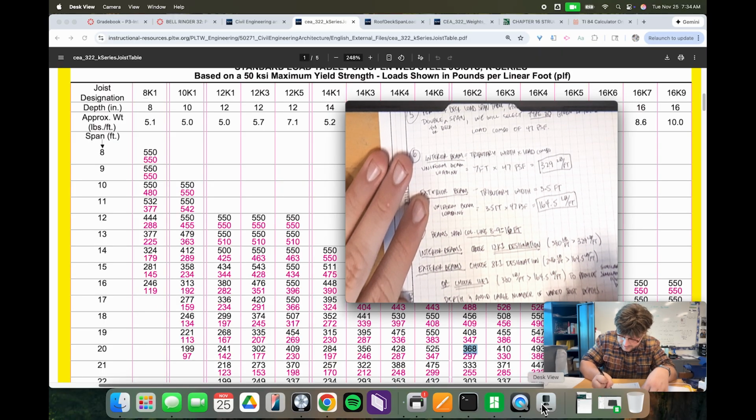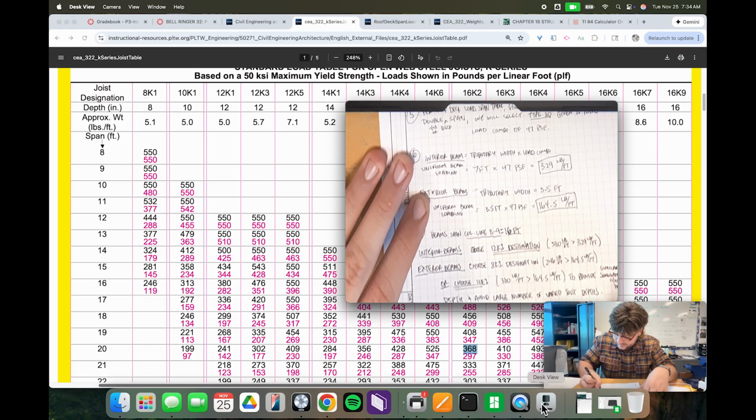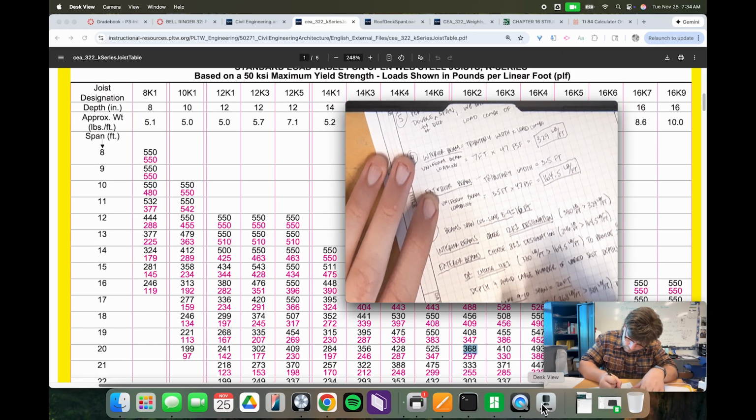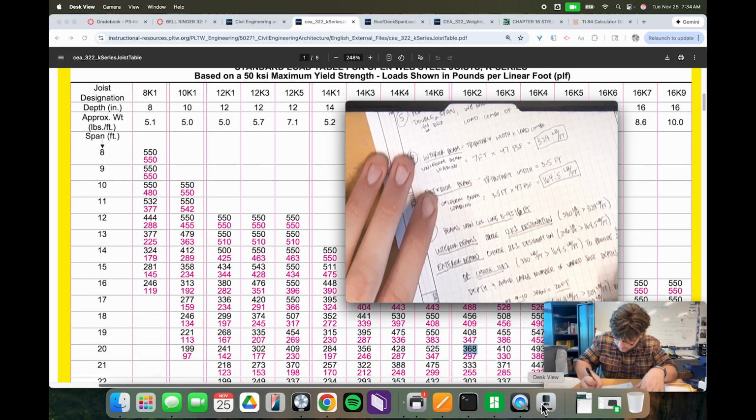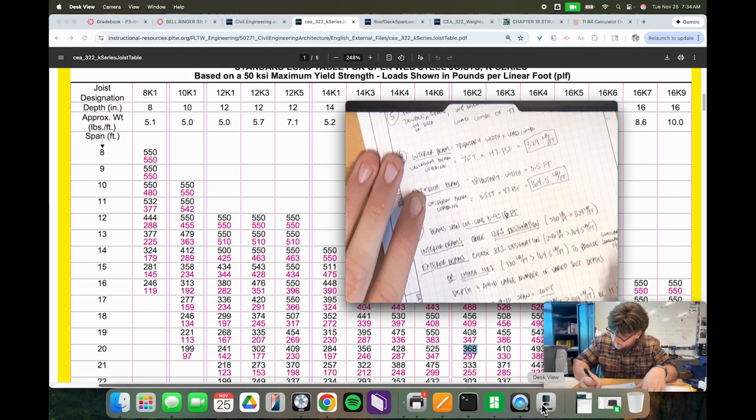And that is greater than our 329 pounds per foot that we needed. And I'm going to say, because it is the lightest joist that can carry 329 pounds per foot in the table.